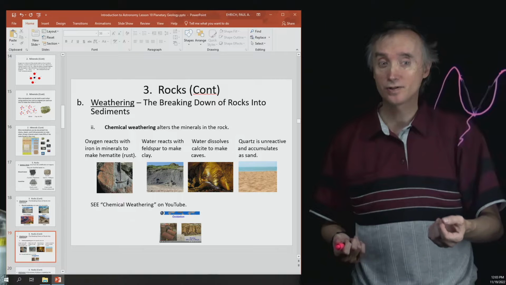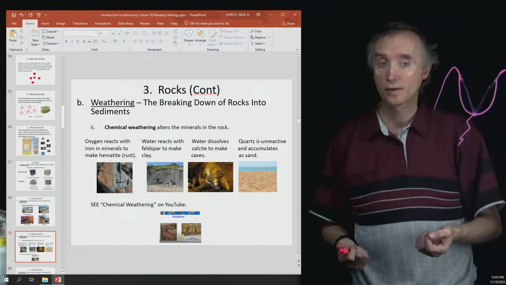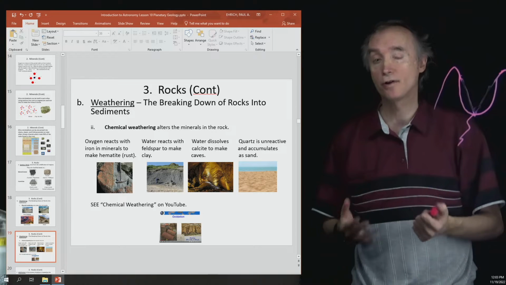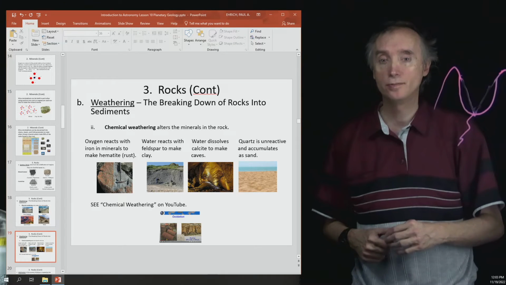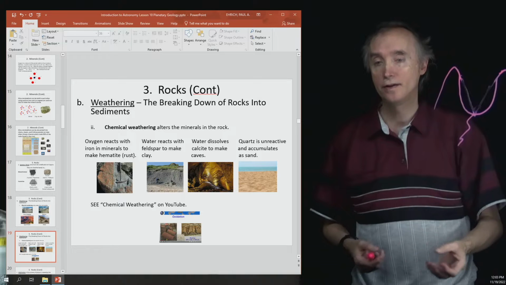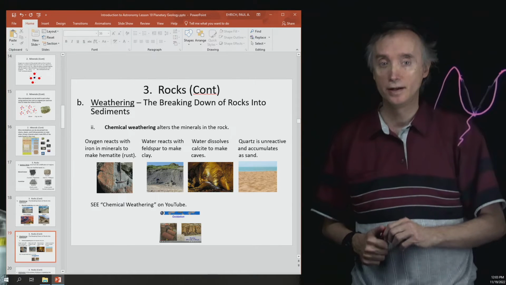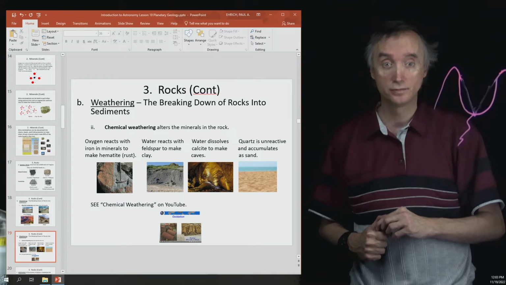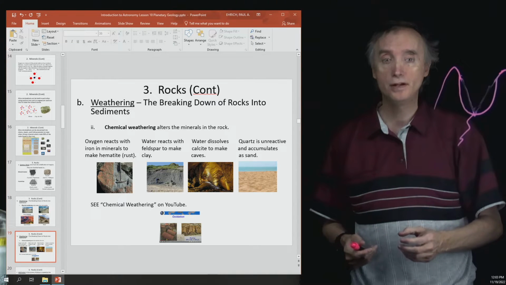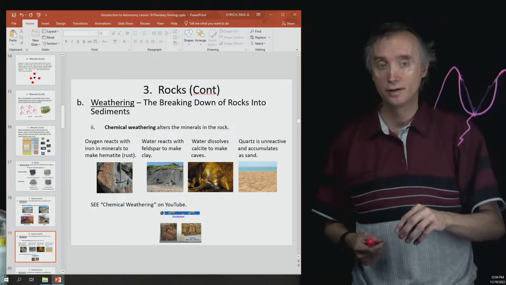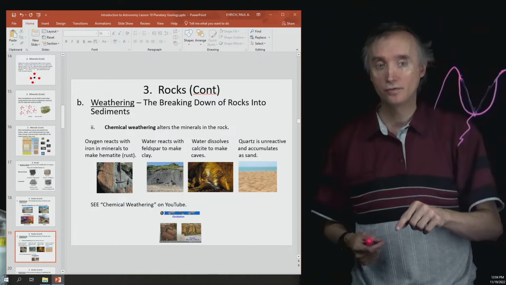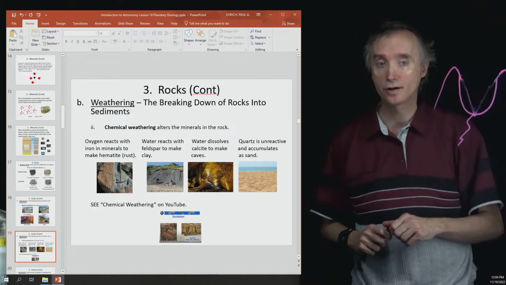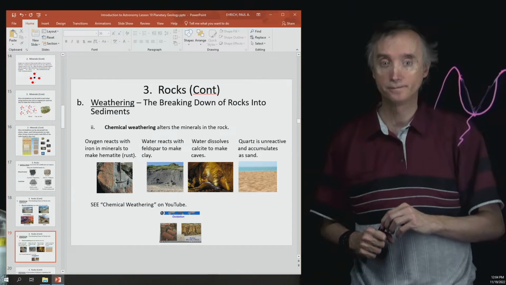So the quartz crystals that are in things like granite get into a river and are transported downstream, and they end up on a beach or in a desert somewhere. The next time that you're on the beach and you look at all that sand, that sand came from mountainous regions where there was probably a lot of granite that had quartz in it.